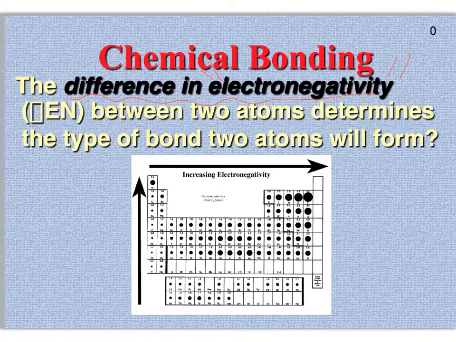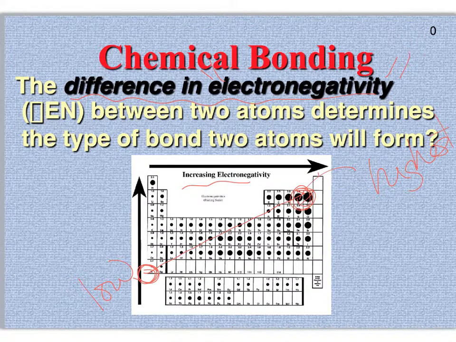difference in electronegativity. So to remind you what electronegativity is, it's one of the properties that shows periodic trend, and it moves from a low electronegativity in the lower left corner to fluorine, which is the highest electronegativity.